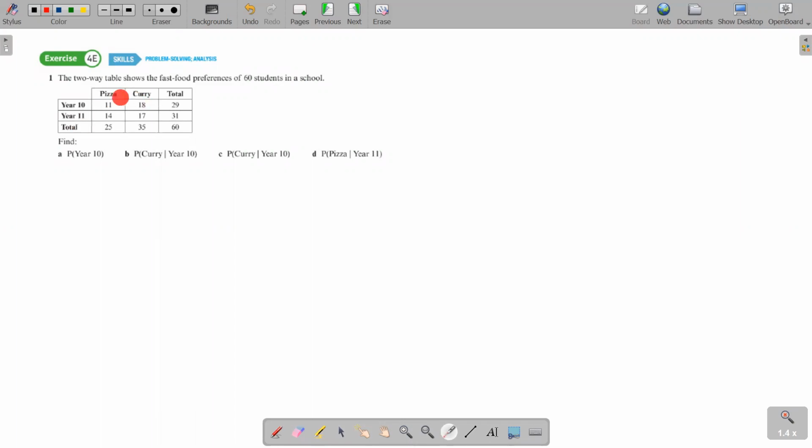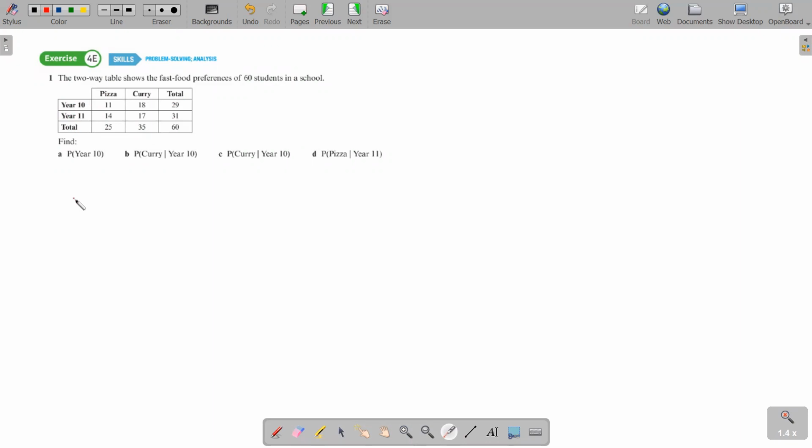On the columns, it shows pizza and curry, those are two options of food, and on the rows, you have year 10 and year 11, so basically 2 years of students. In this two-way table, one way shows how pizza is preferred by the students and how curry is preferred by the students. The other way, if you check the rows, you can see how year 10 students prefer the food and how year 11 students prefer their food. Can you see the two-way table and how it's done?